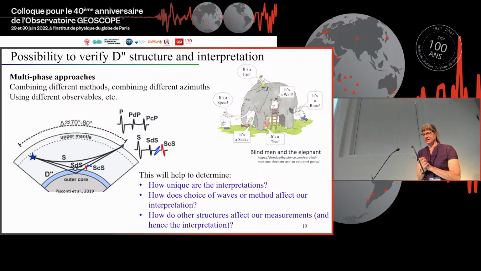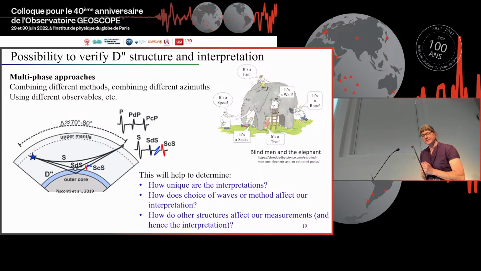One of the things that I think is really important for all seismologists is to start multi-phase approaches, using different ways that sample the same structure with different azimuths, different directions, different angles of incidence, and so on. As an example here on the left, I showed a study that my student Angelo Visconti has done, where he used reflections and splitting at the same time, and I'll show a bit more on that on the next slide.